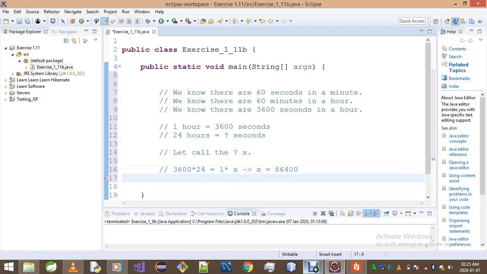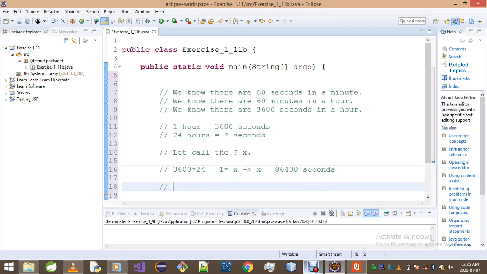Well, now we know there are 86,400 seconds in a day. Let's write it down.